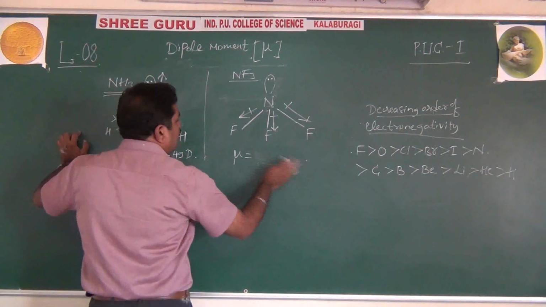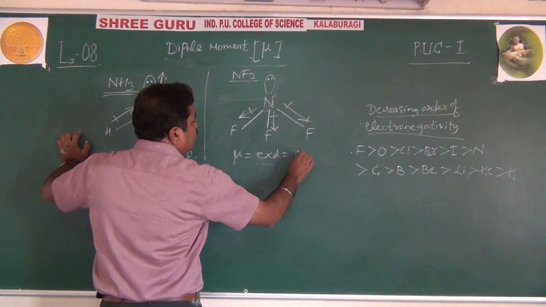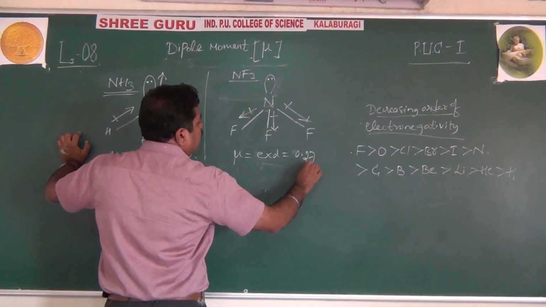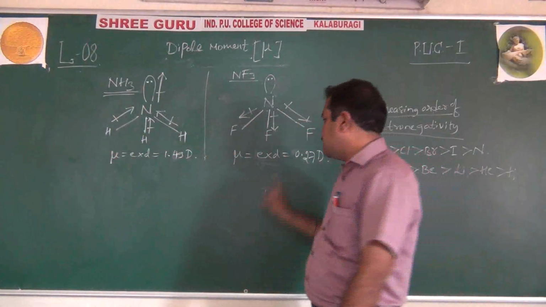Why so? After multiplying e into d, 0.27 D unit. So what is happening? Why is it less here and why is it more here?